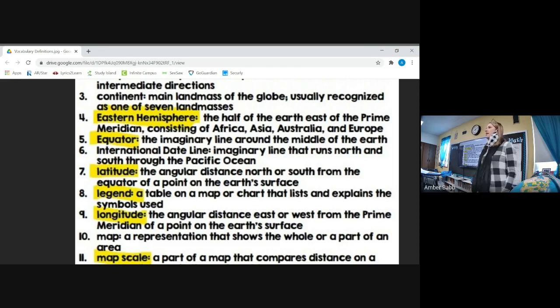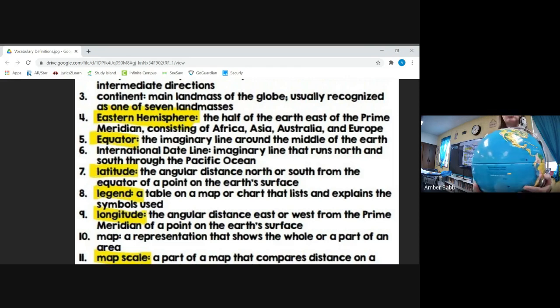So if I said, and we don't give directions like this, I live at latitude 85 north, then I would need to go 85 degrees north of the equator, and that's where I would be.